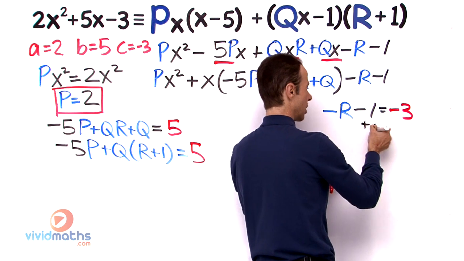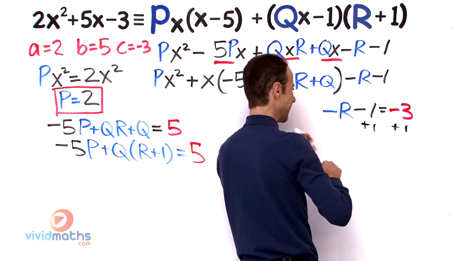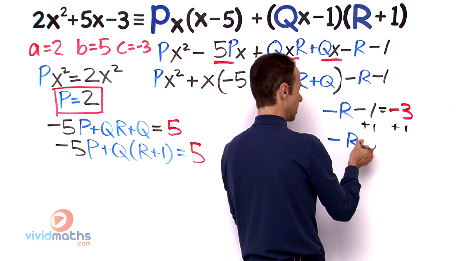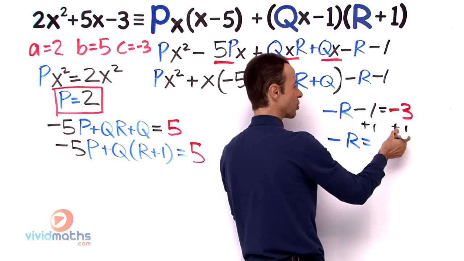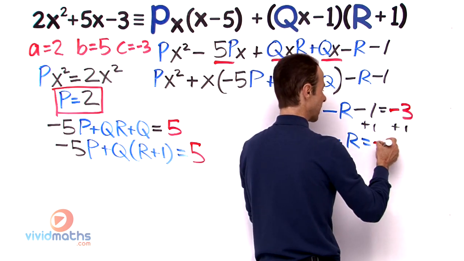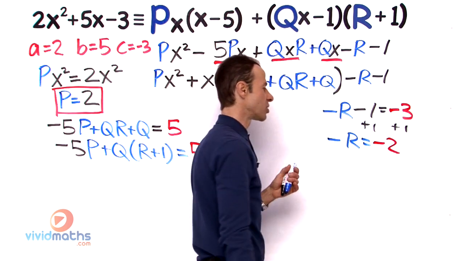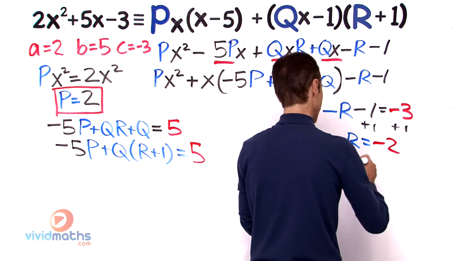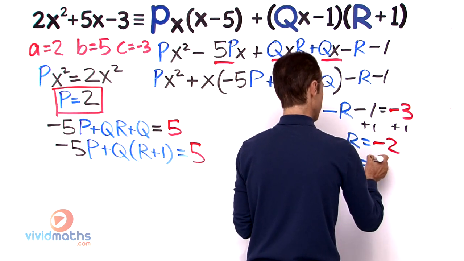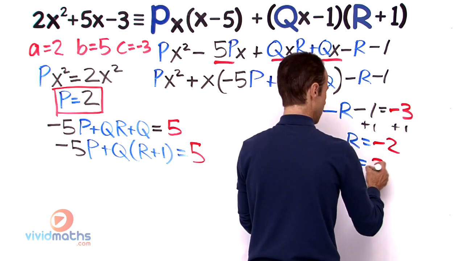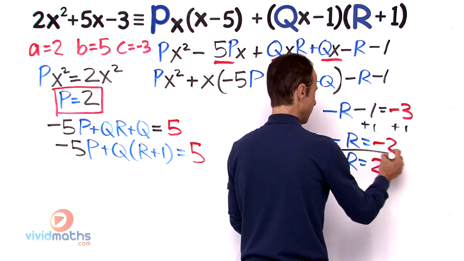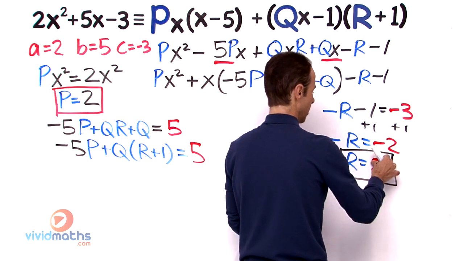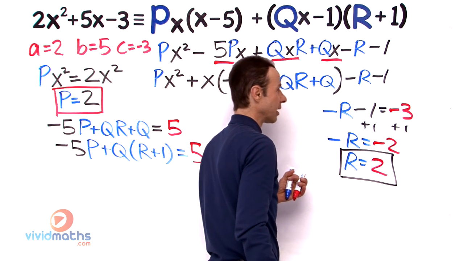So negative r is equal to negative 3 plus 1. That's going to give us a value of negative 2. Multiply both sides by negative 1 will yield a positive answer. Therefore, r is equal to positive 2. Okay, so we got that value there. There we go. Okay, r equals 2.